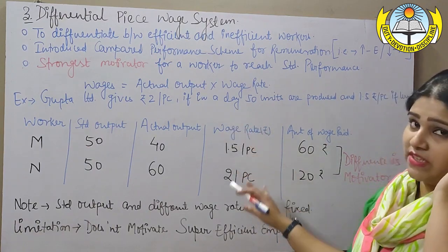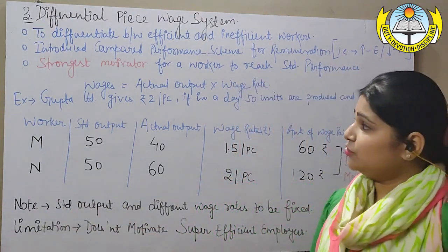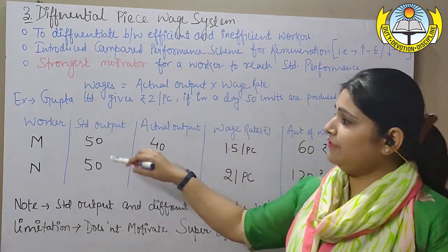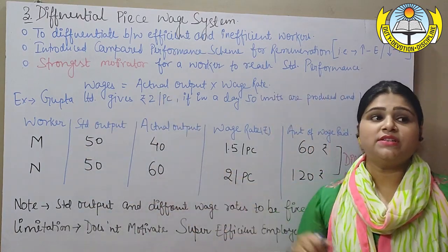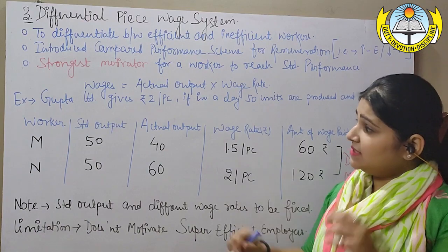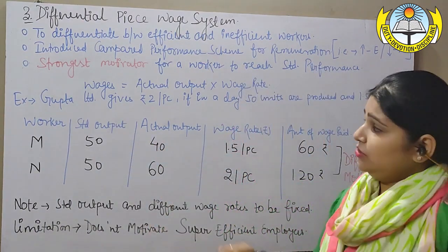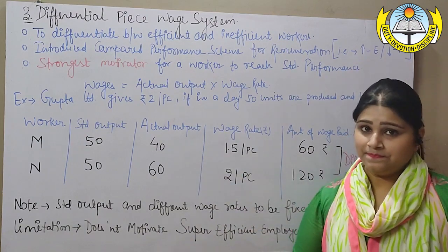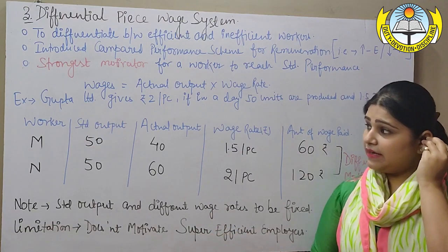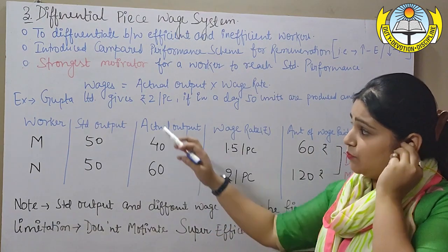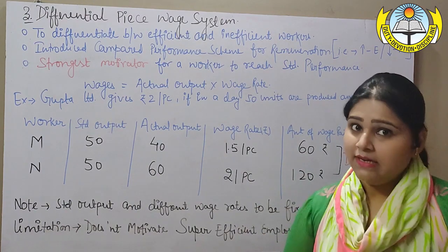Let us understand this with the chart. Let us suppose there are two workers, M and N. The standard output remains the same, 50 units, for both of them. M is able to achieve 40 units, which means M is achieving less than the standard output. So M becomes inefficient. See the example of N. N is producing 60 units, more than the standard output, which means he is able to meet the standards very easily.